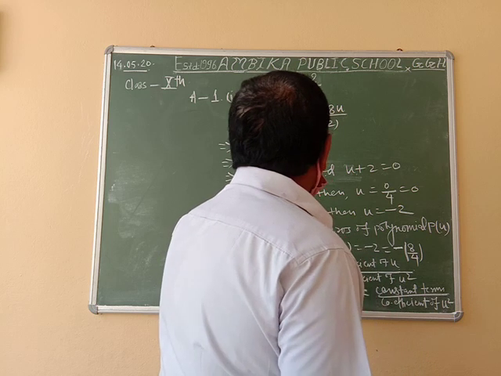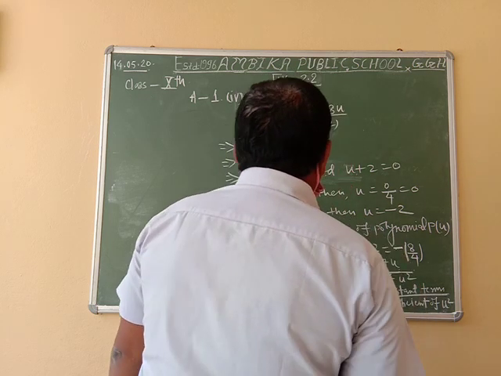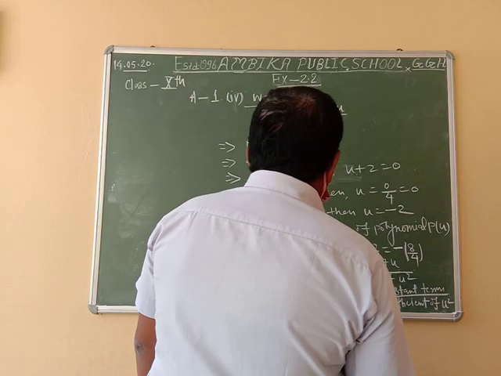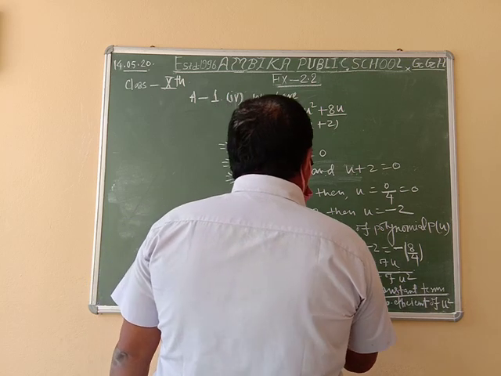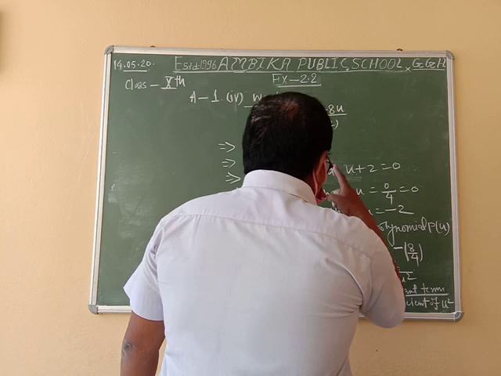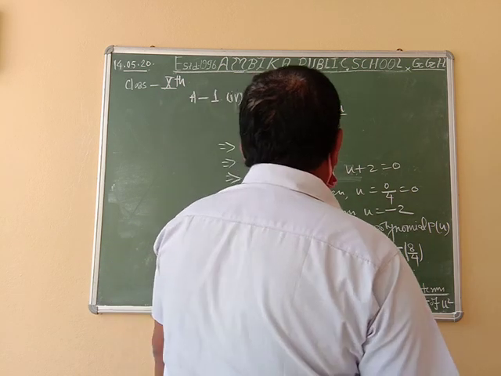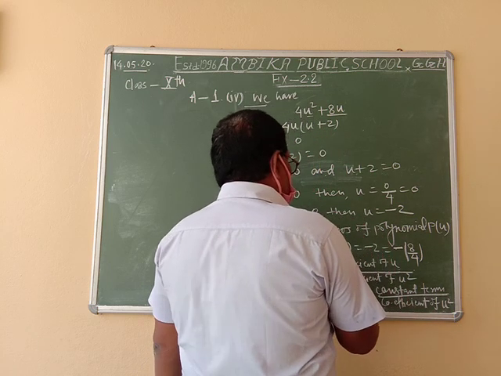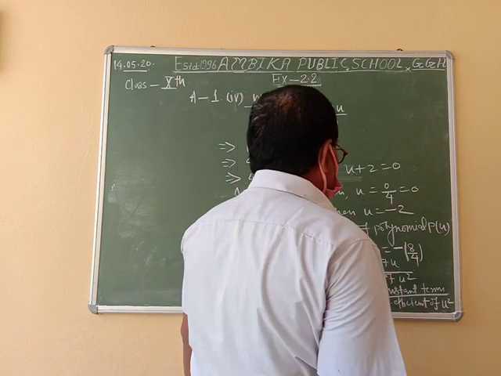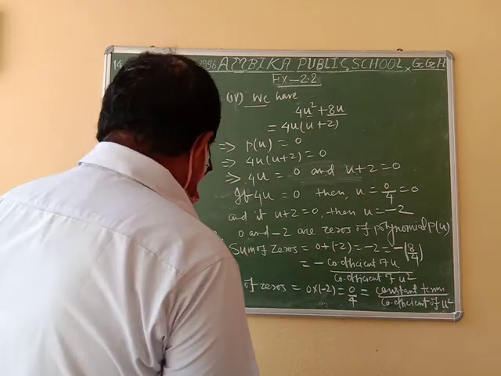So sum of zeros will be minus coefficient of u by coefficient of u square, and product of zeros is equal to 0 into minus 2 is equal to 0, 0 by 4. There is no constant term in this polynomial, so 0 is equal to constant term, and 4 is the coefficient of u square. So this is the relation between the zeros and the coefficient.